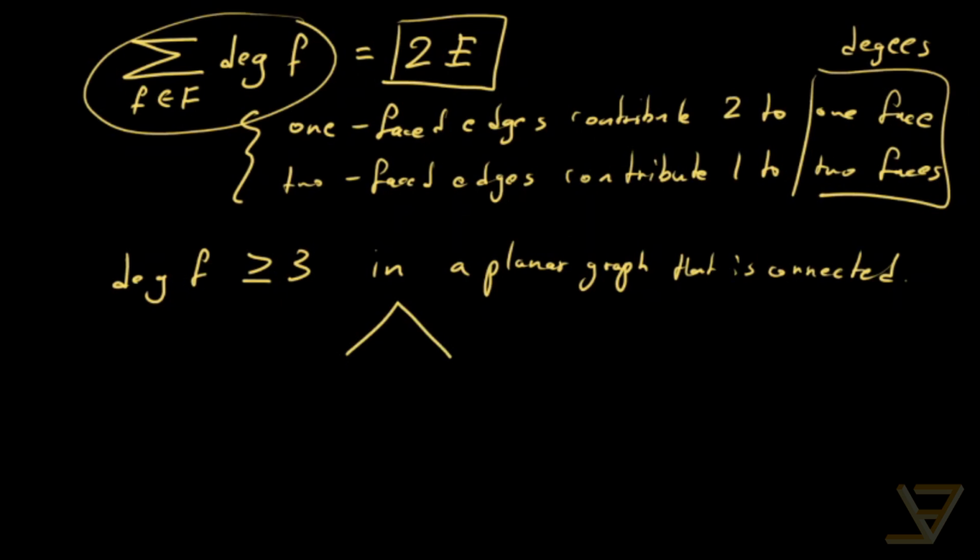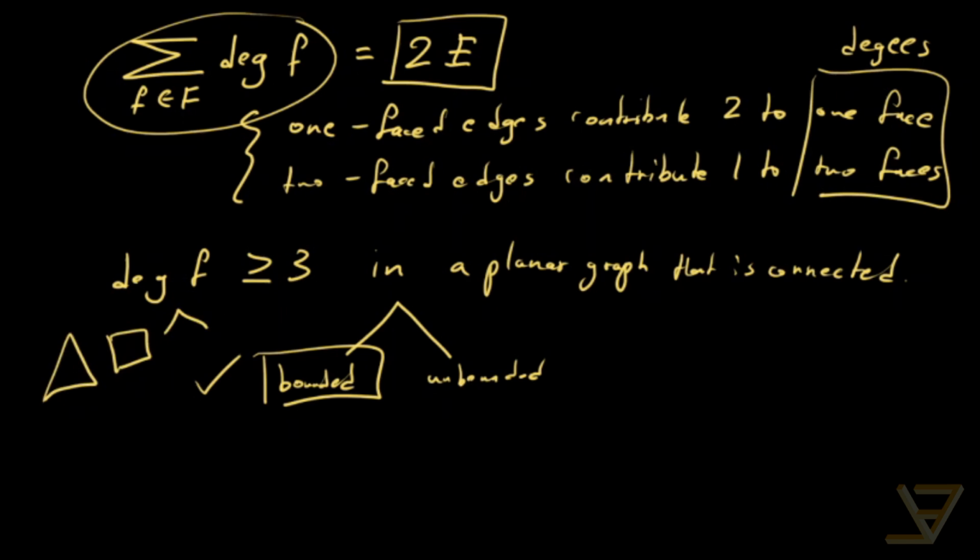First of all, the face is bounded, or the face is unbounded. In the bounded case, it's clear that this is true because you need to have at least a triangle, if not a square or a pentagon, and so on. So the bounded case is easy. The unbounded case has two cases here. One is that it's a tree, and the other case is that the graph has a cycle.